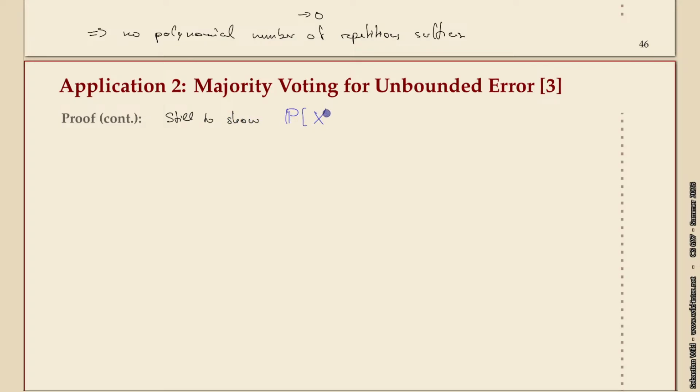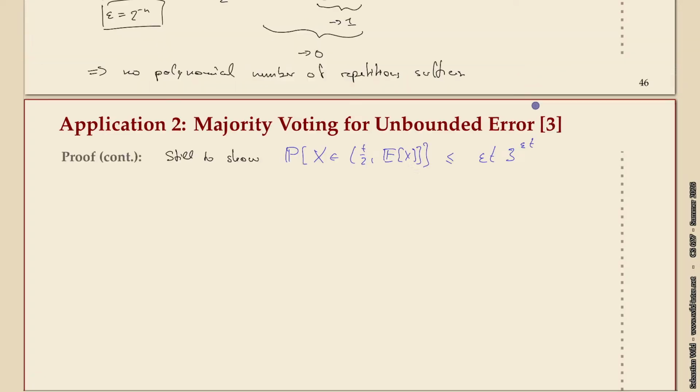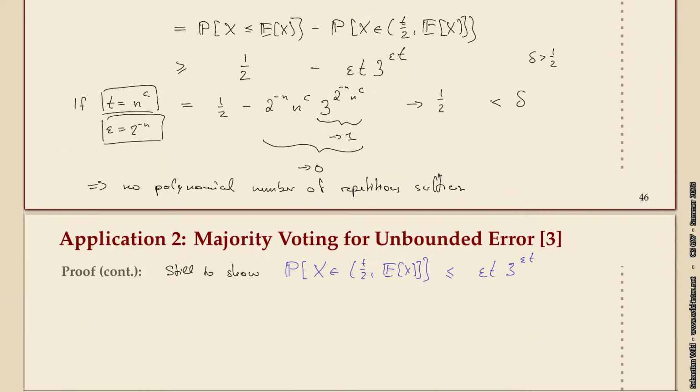The probability that x lies in the range between t/2 and its expected value is less or equal epsilon t 3 to the epsilon t, right? Yep.